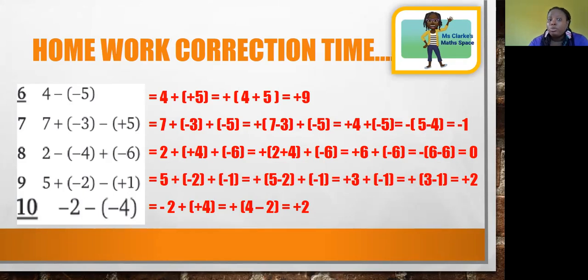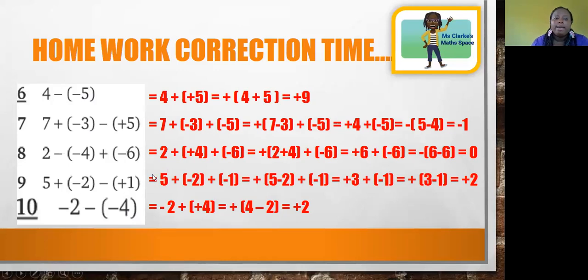We work out that 2 plus +4 is 6. So now we're going to have 6 plus -6. So using rule number 2 of addition, we have two different signs, a negative sign and a positive sign. We're going to find the difference between the two numbers. 6 take away 6 is 0. So our answer will be 0. 0 is neither positive nor negative.